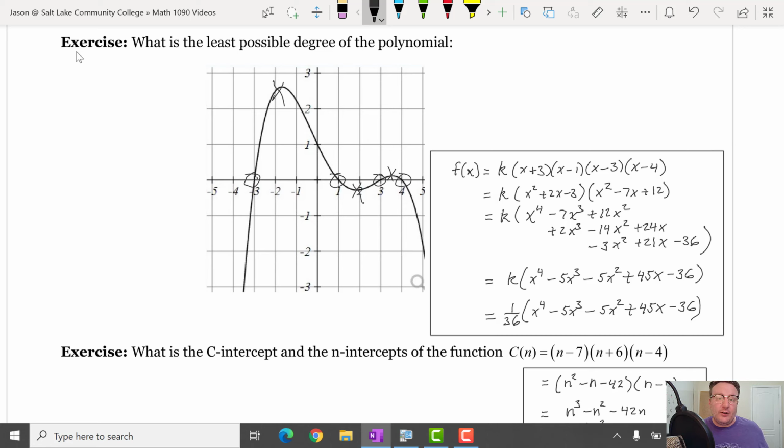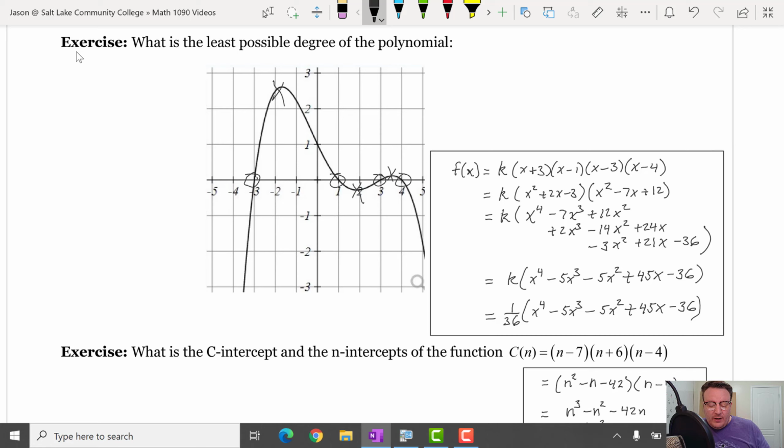So we have 3 turns, which is 1 less than the highest number of turns a polynomial function can have: n minus 1, where the degree is n. So we have 4 zeros and 3 turns. The smallest degree this polynomial could be is 4.